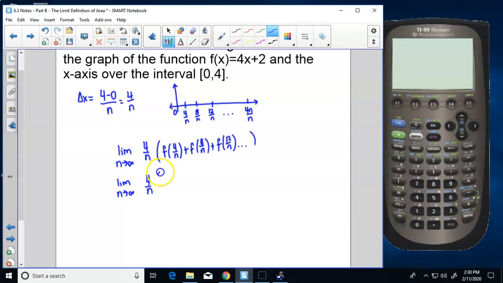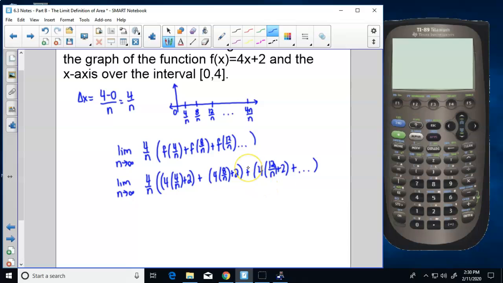Over n times 4 times 4 over n plus 2, plus 4 times 8 over n plus 2, plus 4 times 12 over n plus 2, plus dot dot dot there.